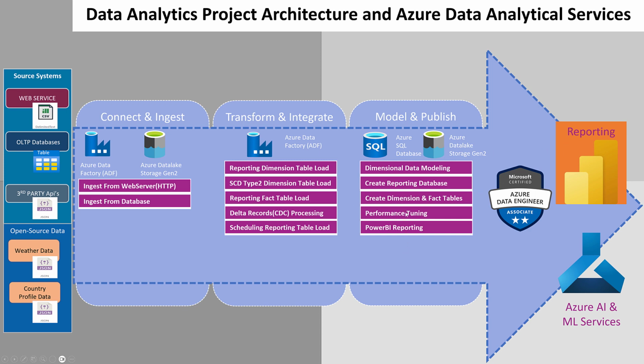We are also going to see some performance tuning aspects of the pipelines, and Power BI is one of the Microsoft reporting tools that can create reports from the reporting database that we are building in this layer. We are going to show how we can build reports using Power BI quickly, so that we can see how the output that we produced here is used in the reporting layer.